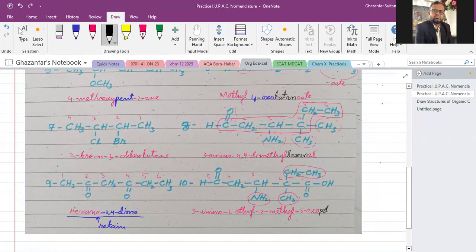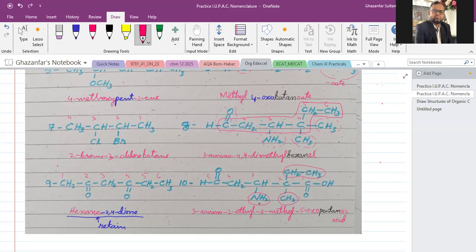So pentane, and the last one is the carboxyl group, and it does not need the position, oic acid. So the name of this compound is 3-amino-2-ethyl-2-methyl-5-oxopentanoic acid.